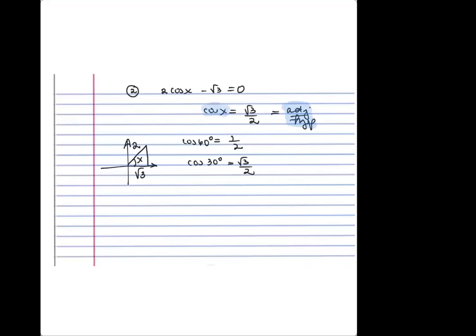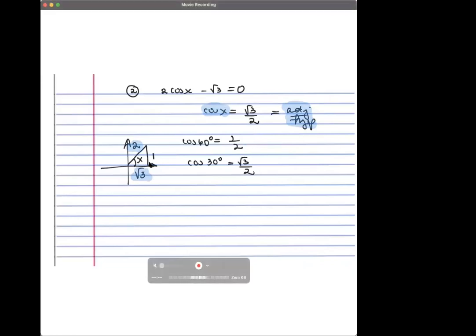So that's why I have the adjacent of root 3 and the hypotenuse of 2. So now I recognize that it's a 1, 2, square root of 3 triangle. So this side here must be 1. And so since this is 1, the smaller angle between 30 and 60 must be that angle. So that's why x is equal to 30 degrees.